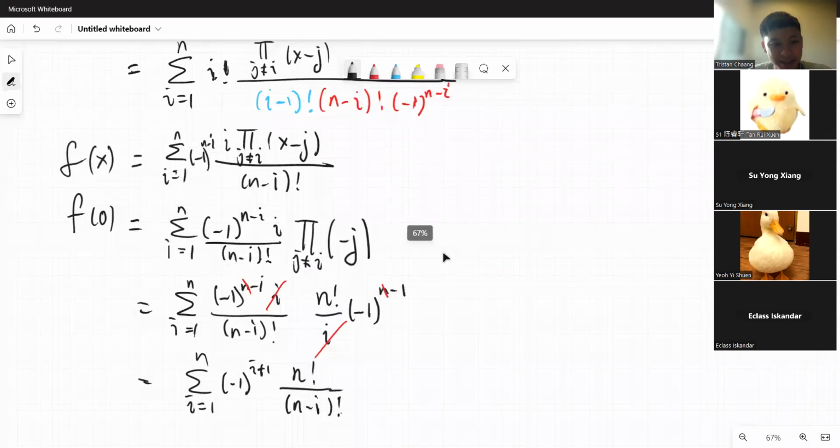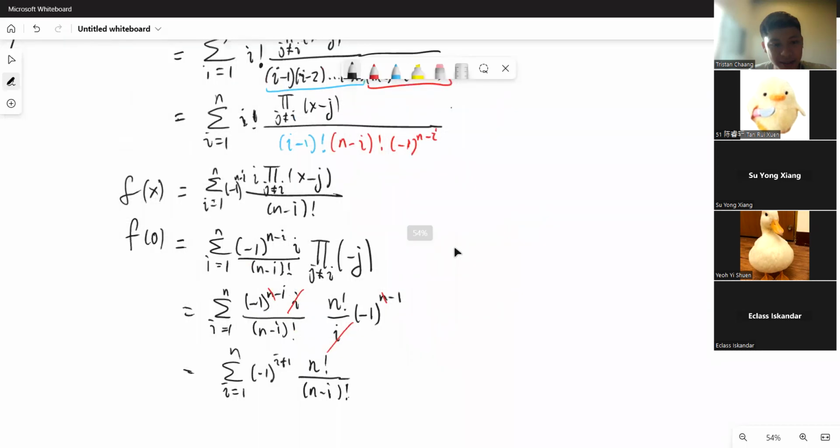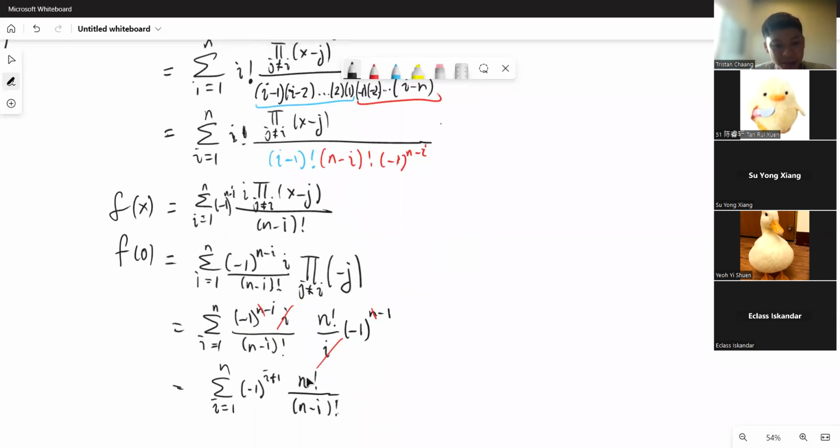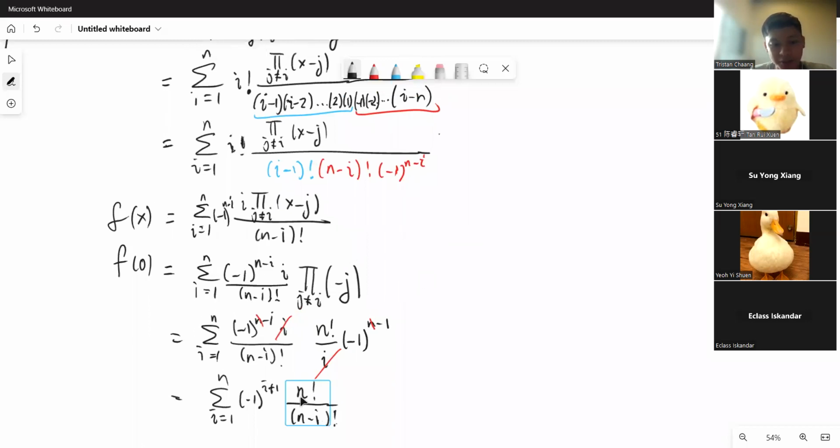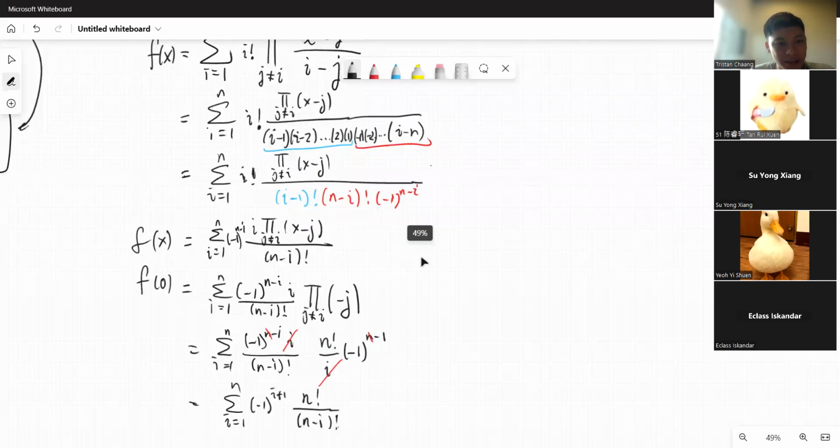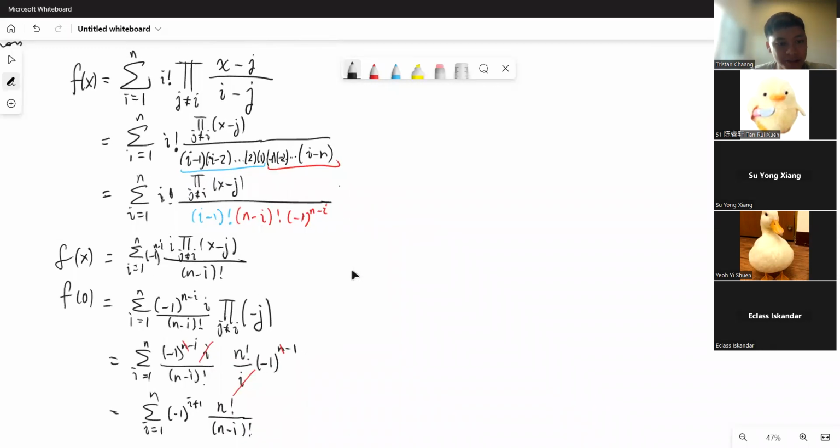Okay, let's just stop here for a moment before we move on to solve this. In fact, I'm not sure if that's solvable, but it's probably solvable. So let's let you guys digest what's happening here. What we're doing is we just use Lagrange interpolation and try to simplify everything that we can.